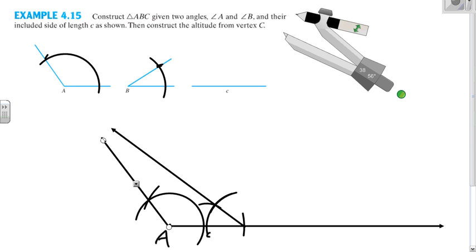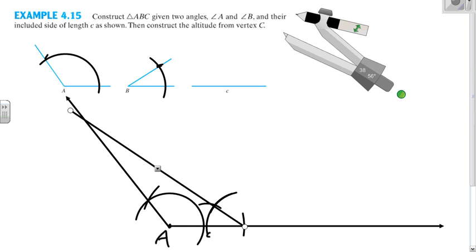If I continue to extend these sides until they will intersect, now we have our triangle.